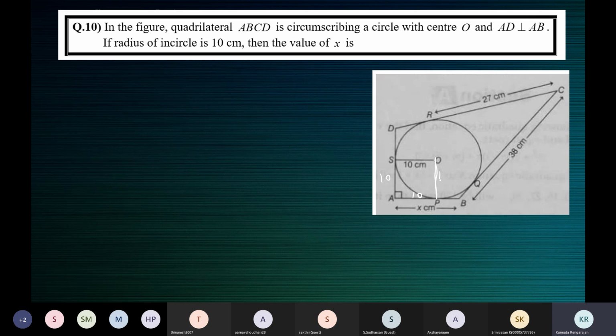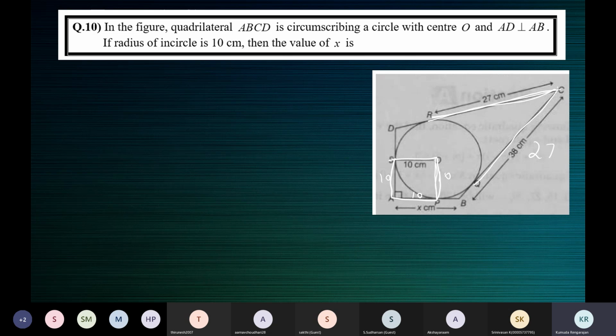AP is 10, this is 10. So as Shakti rightly said, this is 27. So this is a square, so everywhere 10. Then as Shakti said, CR is 27. So CQ is 27.